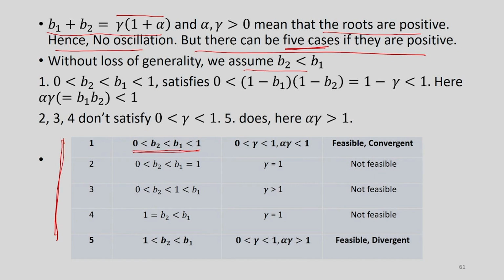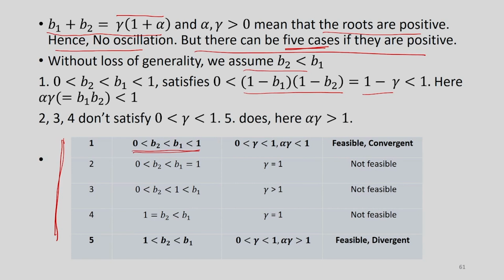Now, if both of them lie between 0 and 1, then what is happening to this term, 1 minus b1 multiplied by 1 minus b2? We know that is going to be equal to 1 minus gamma, that is known to us. And if b1 and b2 both are lying between 0 and 1, then 1 minus b1 is going to be negative, 1 minus b2 is also going to be negative, right.